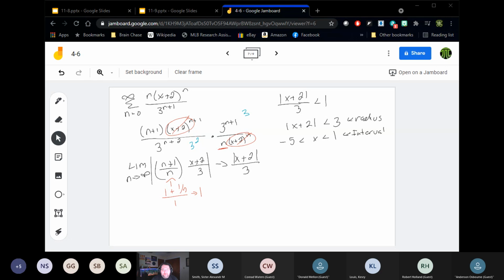So the next thing we have to do is plug the -5 and the 1 in to see which is going to work. So my first one, if I plug the -5 in, I get -3 to the nth power times n over 3 to the nth power times 3 to the n plus 1.